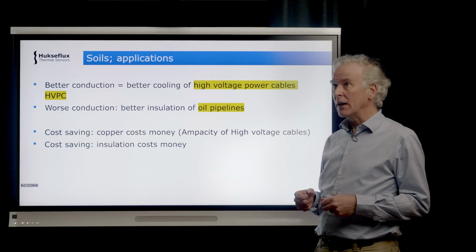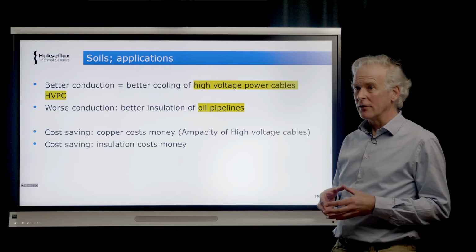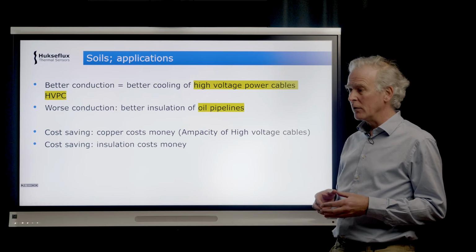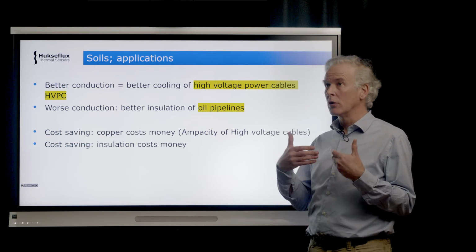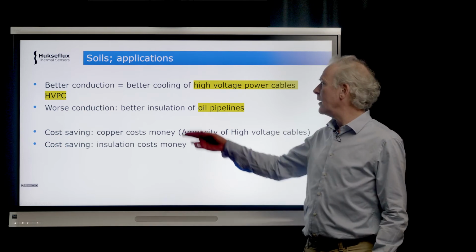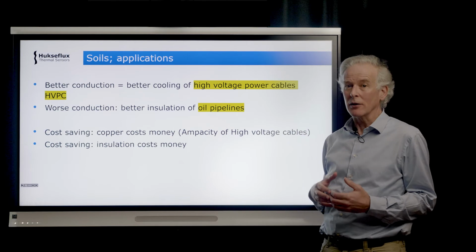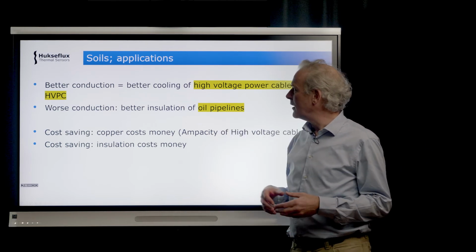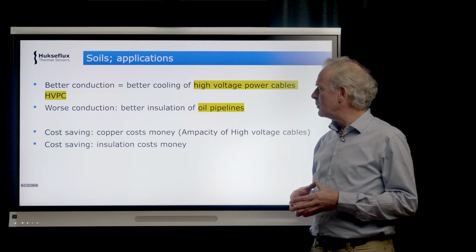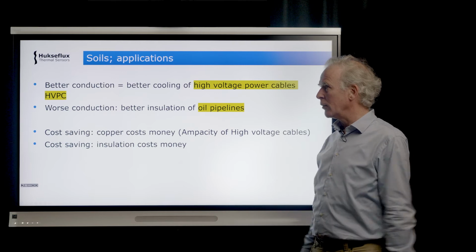If they get over 80 degrees C, they start to degrade, so you always want them to remain below that. At a certain current, the better the soil conducts, the better the heat generated by the current is fed away. So the purpose there is to measure the properties of the soil and to calculate the cooling.